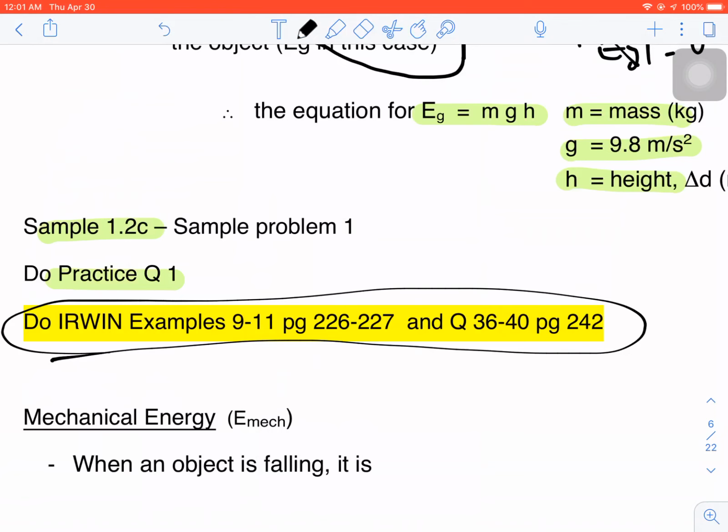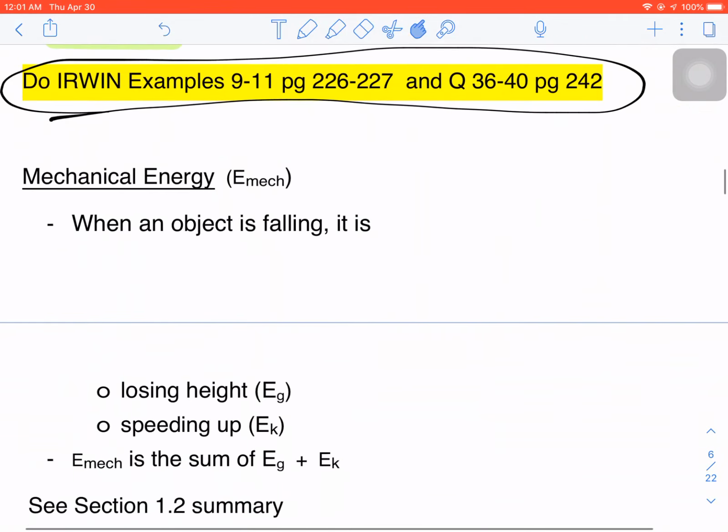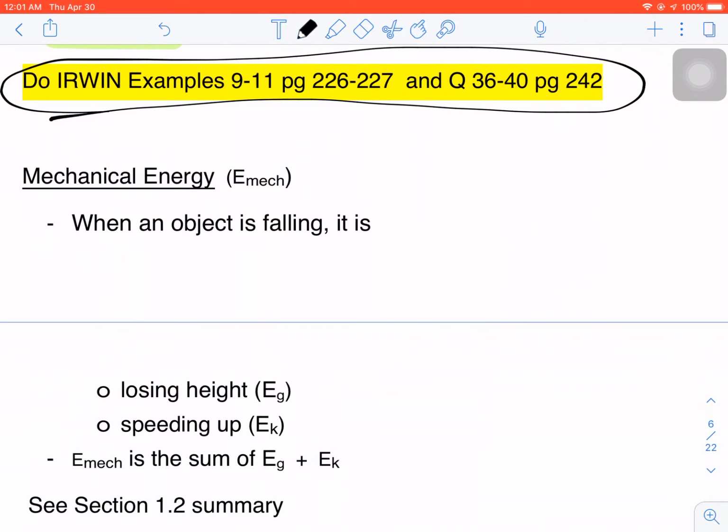Now, the last piece here talks about something called mechanical energy. So mechanical energy says when I'm talking about an object, let's say I'm kicking a soccer ball, and when it's here, it has 2 things going on for it.